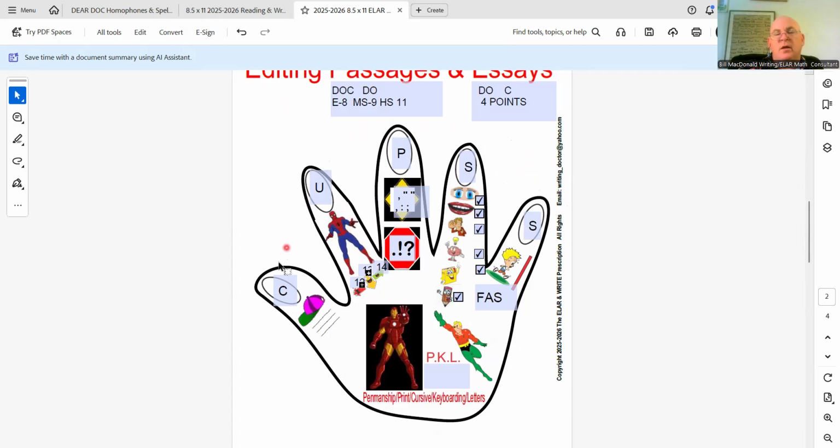And in the Dear Doc Finder, I do have one passage of each of these where you can see it in passage format where each of these is tested separately, where you're only working on capitalization, only usage, only punctuation, only spelling, only sentence boundaries. Okay. Because I feel like sometimes we need lots of practice with the same skill.